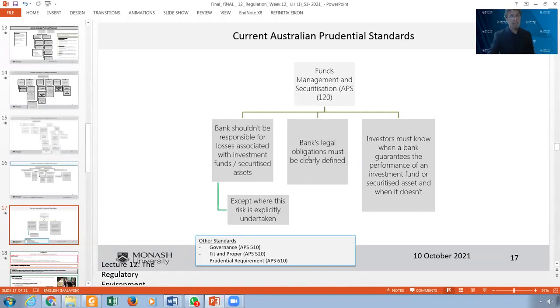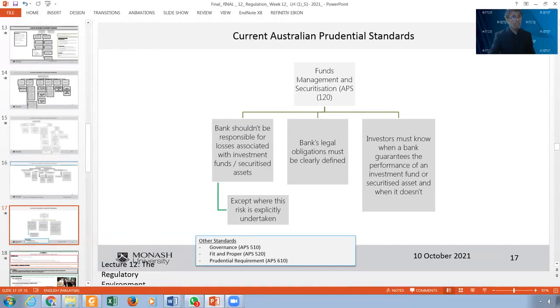No, it's not the bank. It is the special purpose vehicle that now buys the loans and starts to sell them. Bank level obligations must be clearly defined when they run what we call funds for others, or when they have this securitization issue.